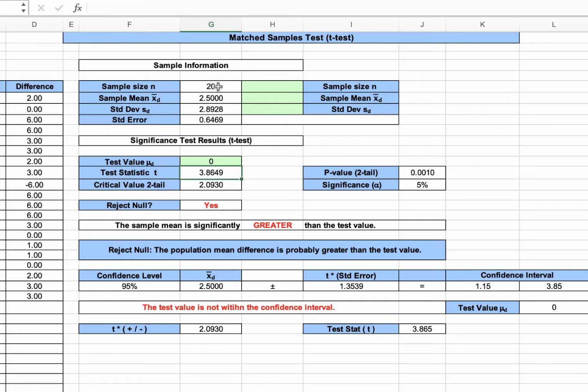So our 20 executives had an average gain from pre-test to post-test of 2.5, making our standard error here 0.6469. The null hypothesis for the matched samples t for us is always that mu D equals 0.